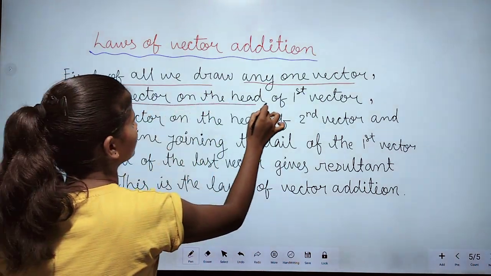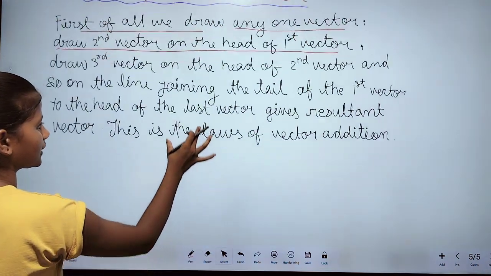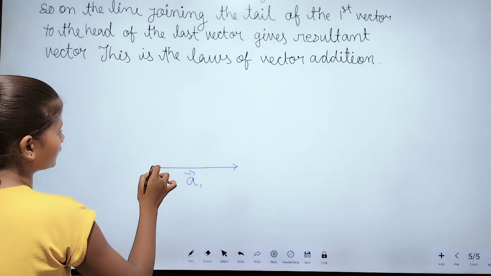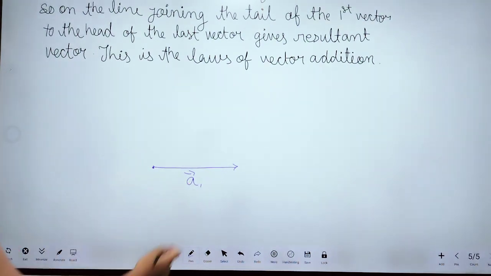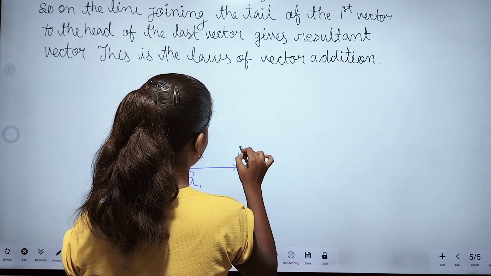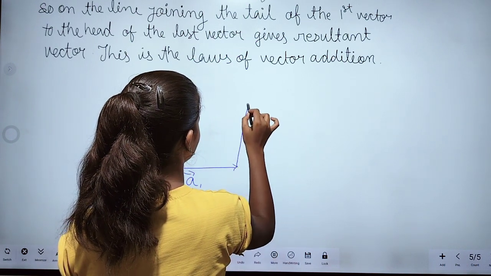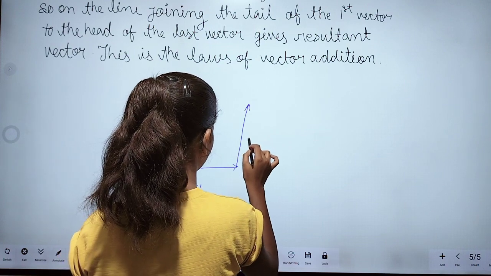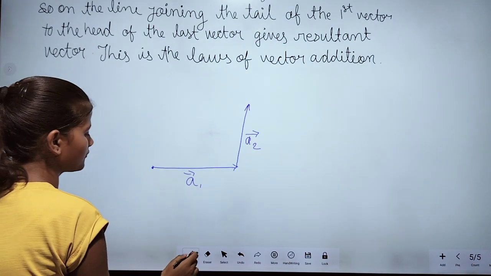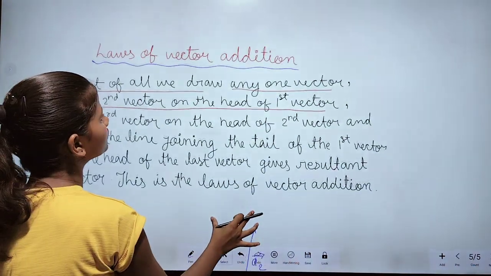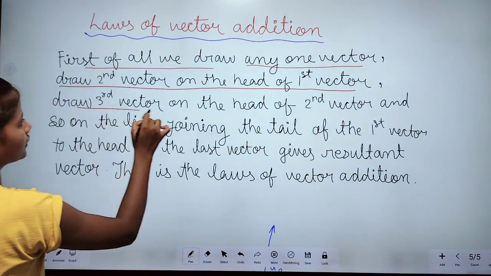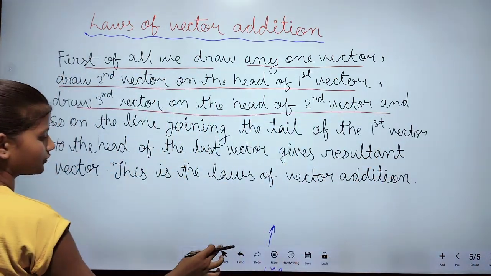Draw second vector on the head of first vector. This one is the tail of this vector and this one is the head. This one is our second vector A2. Now draw third vector on the head of second vector.